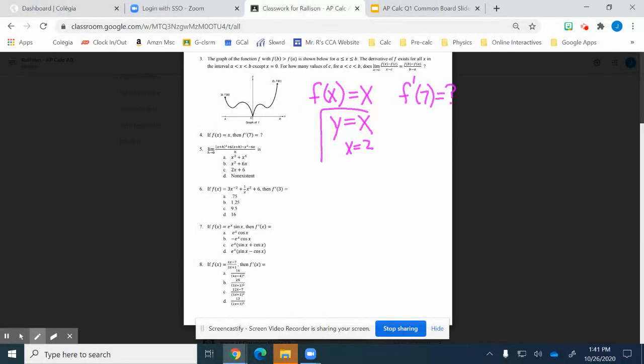We could say this, but that's very cumbersome compared to just saying f of 2 equals x, because now we're asking what's the value of this function x at x equals 2, right?